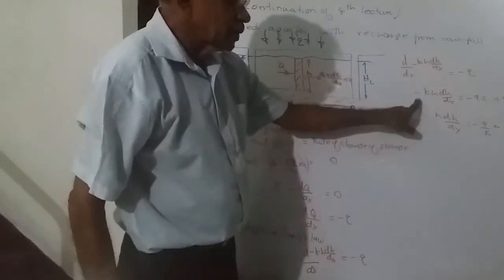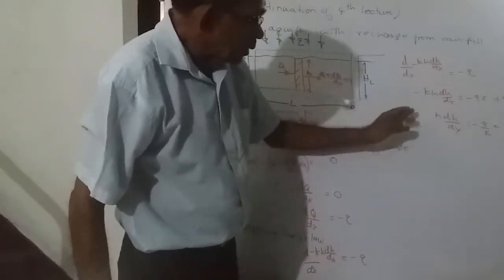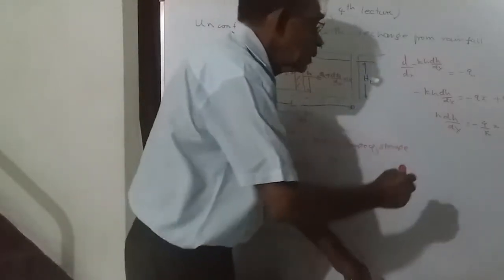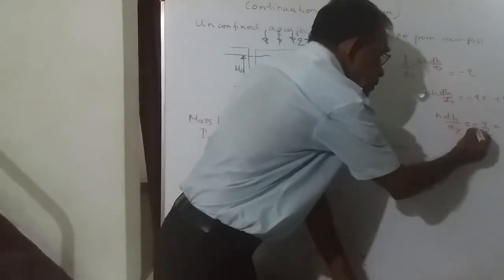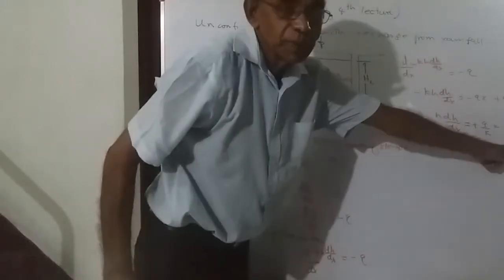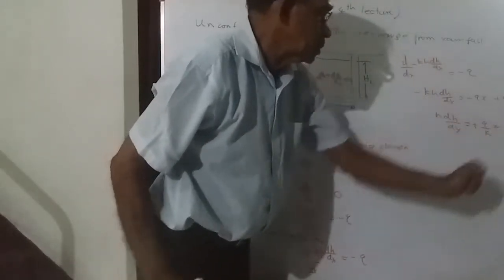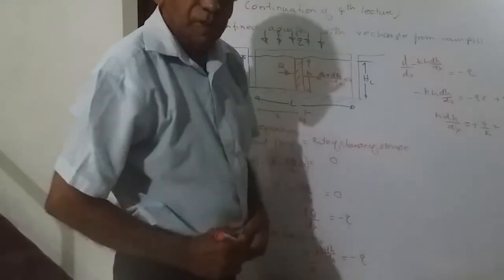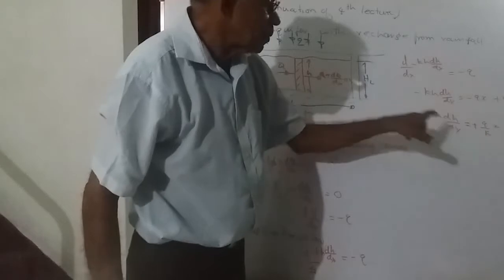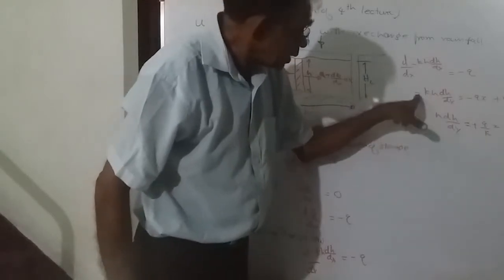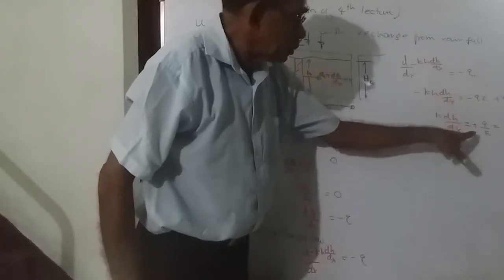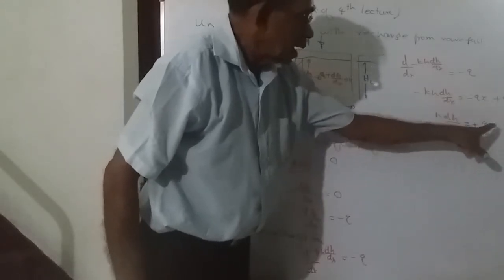This is minus this side, so multiply throughout by minus, and this becomes plus. Multiplying the constant by minus also, let this be a positive constant.